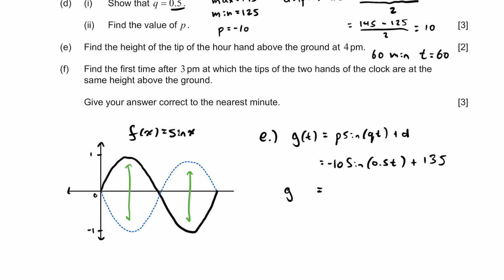So we want to find g of 60 essentially. So negative 10 sine of 0.5 times 60 plus 135. Okay. Now let's go to the calculator and work this out.